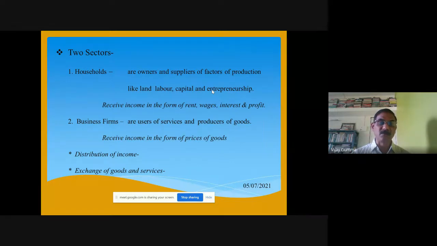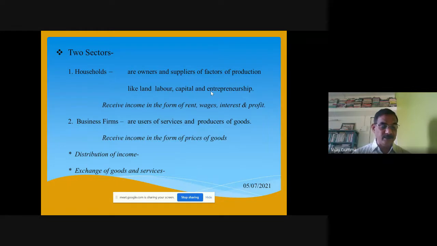Payments made by the firm sector to different factors of production in the form of rent, wages, interest, and profit bring about a distribution of income to the factors of production.